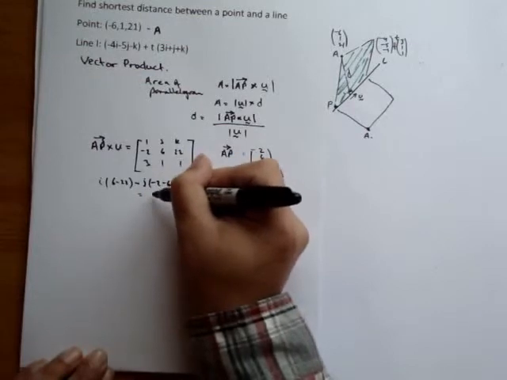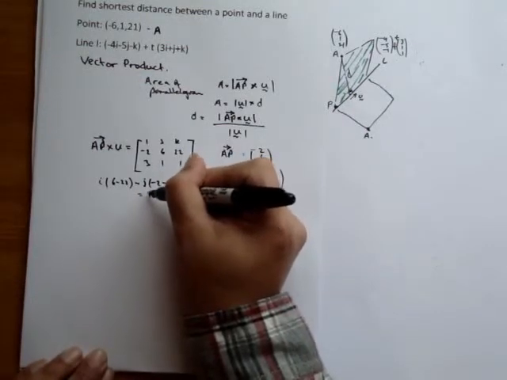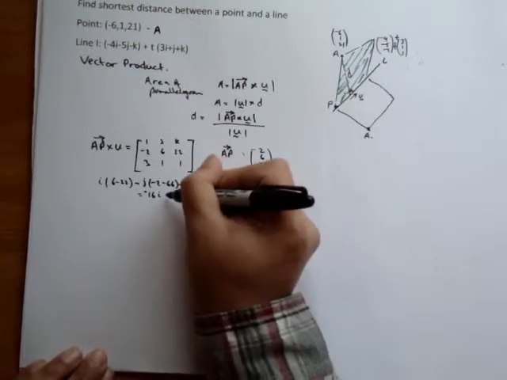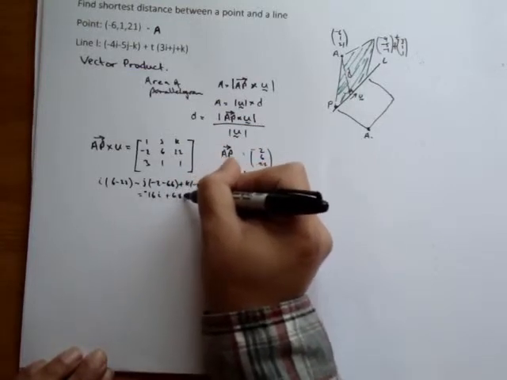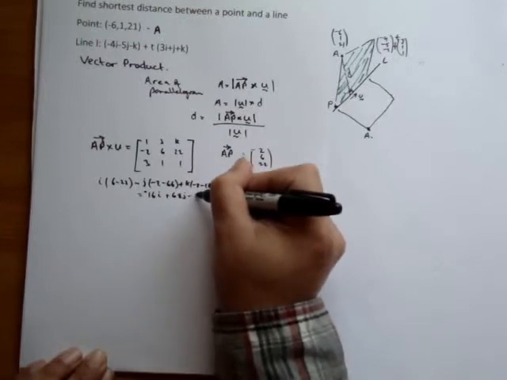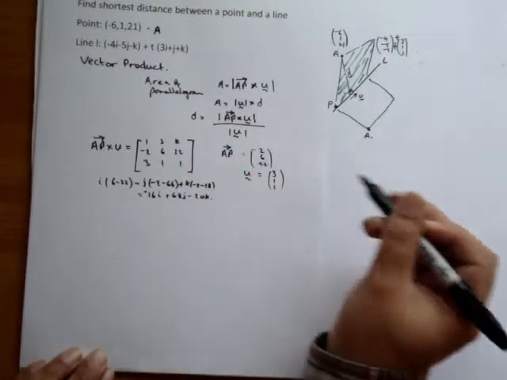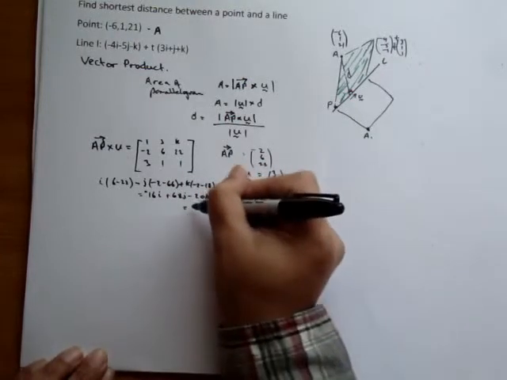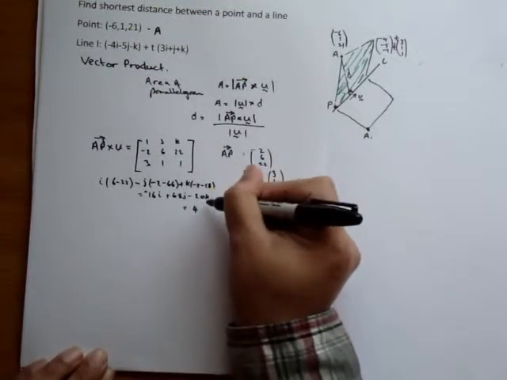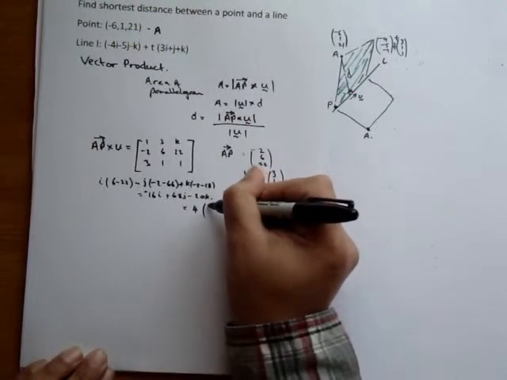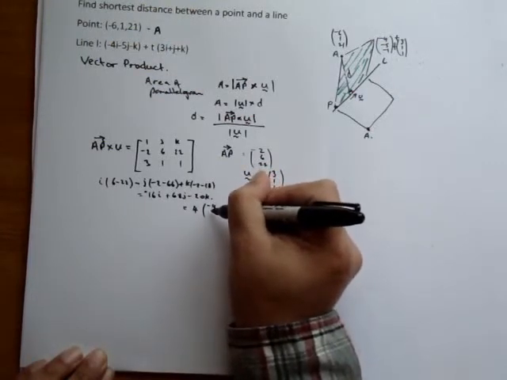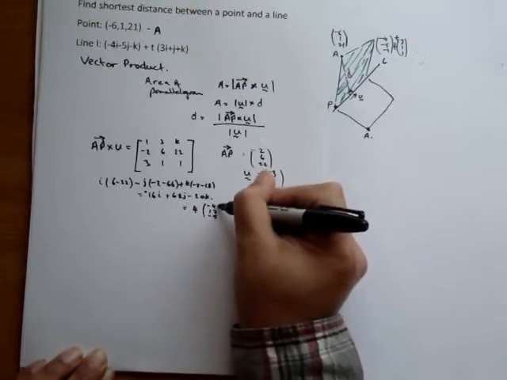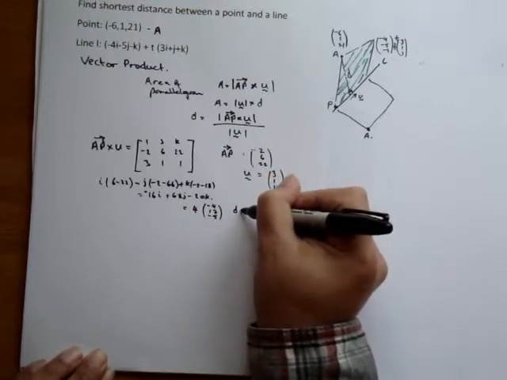So this equals minus 16i plus 68j minus 20k. And then when we simplify that to multiples, we get 4 times minus 4, 17 and minus 5.